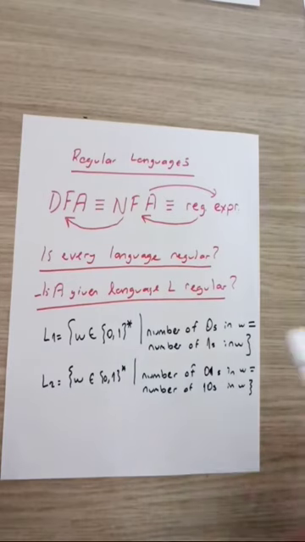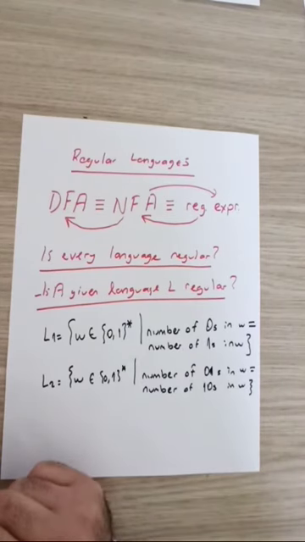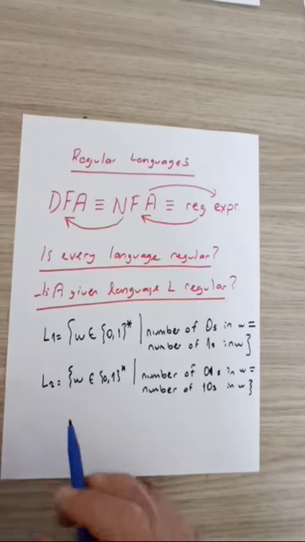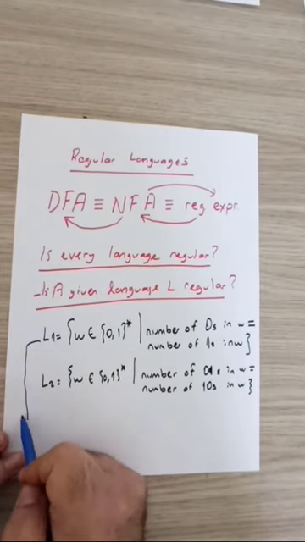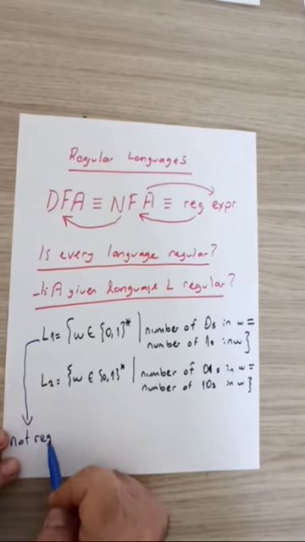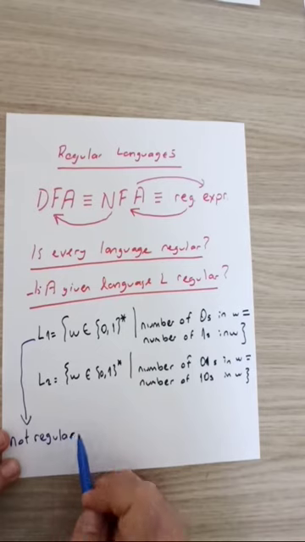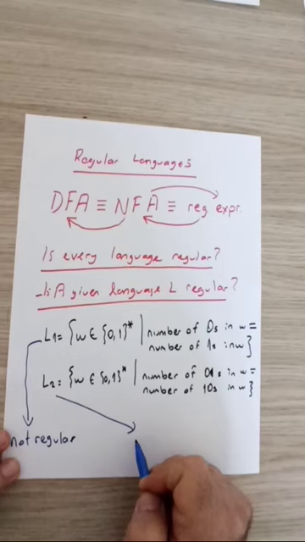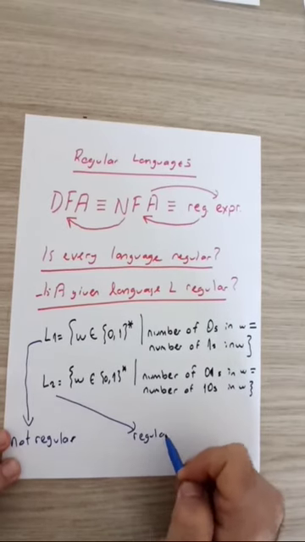Now, these two languages look very similar. Both of them are trying to check the number of certain symbols or certain substrings in a given string. But we will see that the first language is not regular, whereas the second language, L2, is regular.